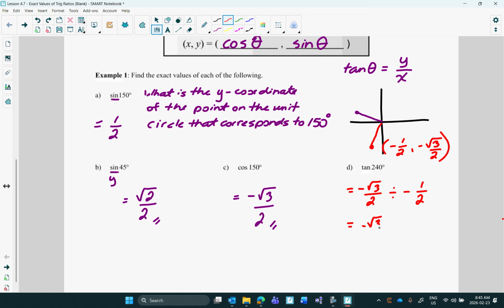Negative root 3 over 2 times the reciprocal of negative 1/2, which is negative 2 over 1. Well, the 2s cancel each other out. So I'm left with negative root 3 over negative 1, and the simplest way to say that is positive root 3.